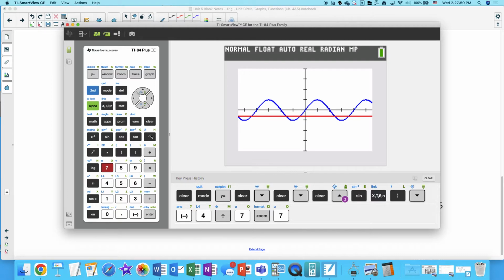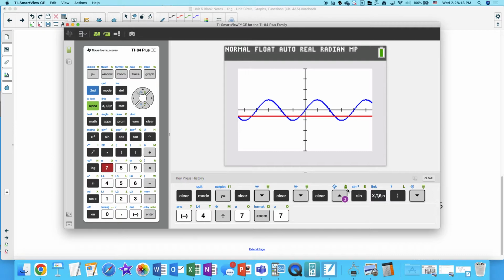Yes? I did zoom 7. Now, for mine anyway, I know it's going from negative 3 pi to 3 pi. But whatever, it'll be on a setting that kind of makes sense, okay?